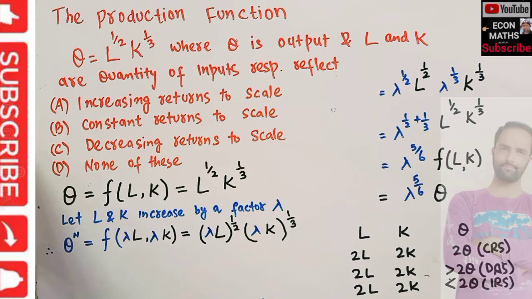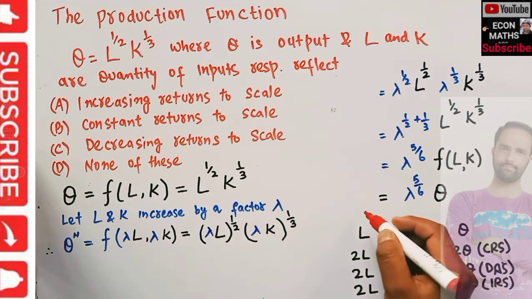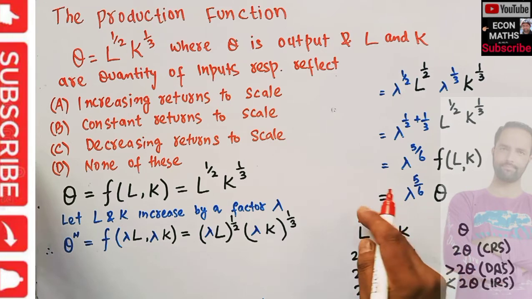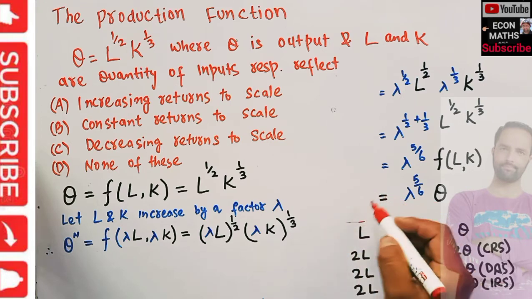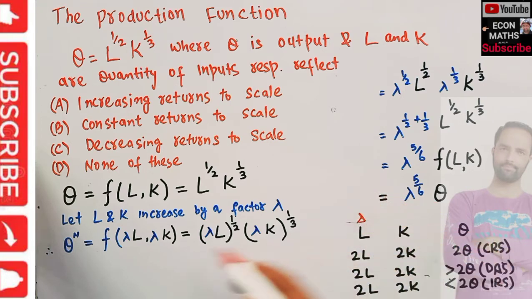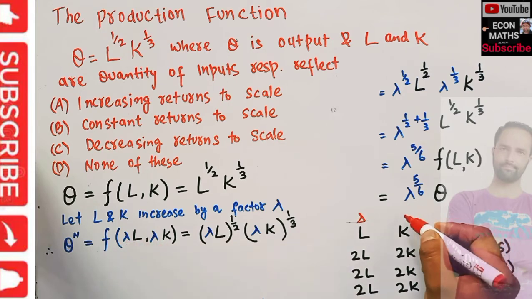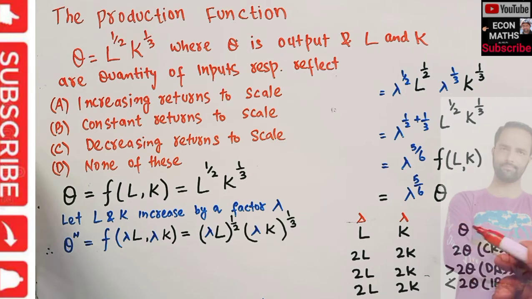Now we have taken that labor has increased by a factor lambda, and capital has also increased by a factor lambda, and we want to see how our output changes.